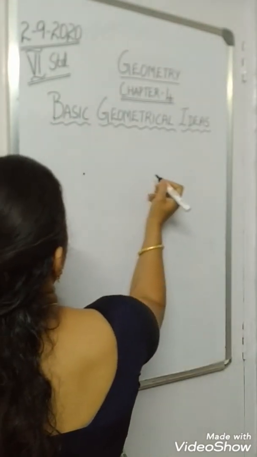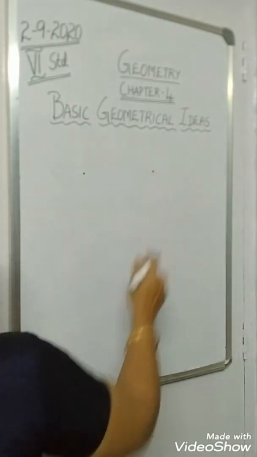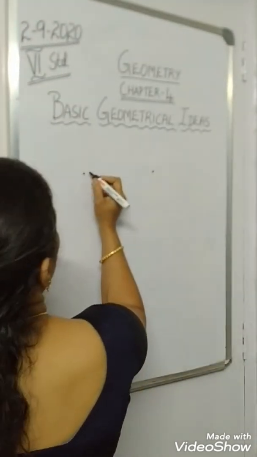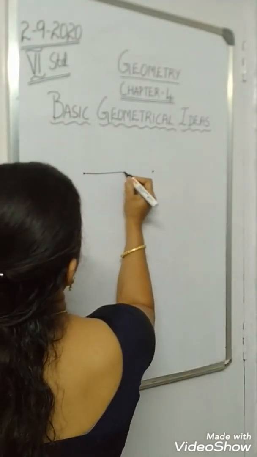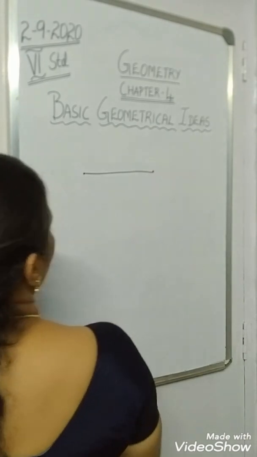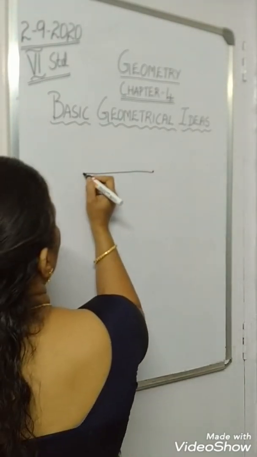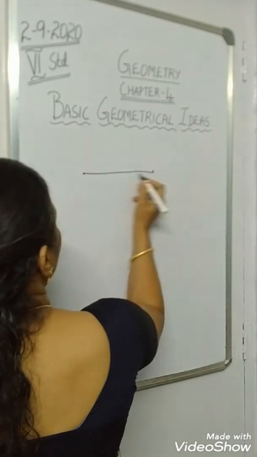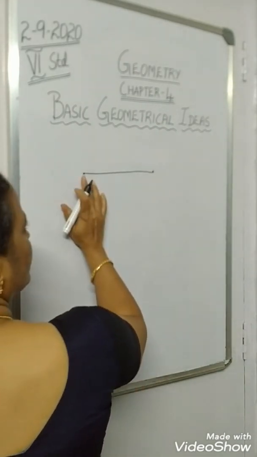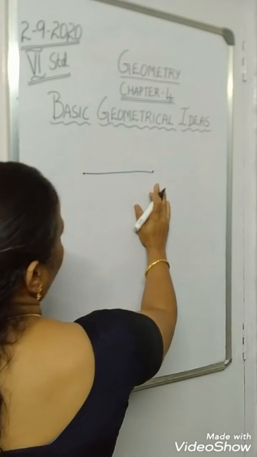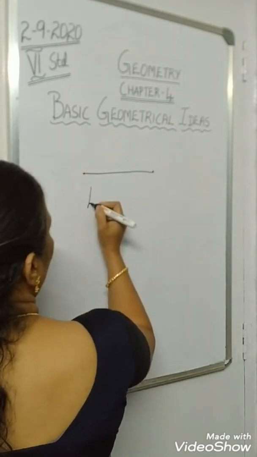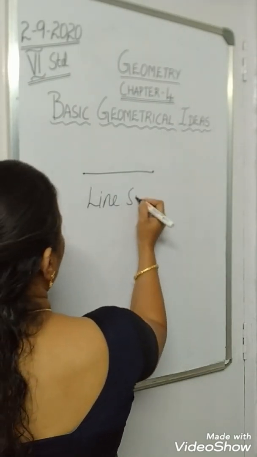The next topic is, when we join points, what do we get? When we join any two points, we get a line which has a starting point and an ending point. Such a line is called a line segment.